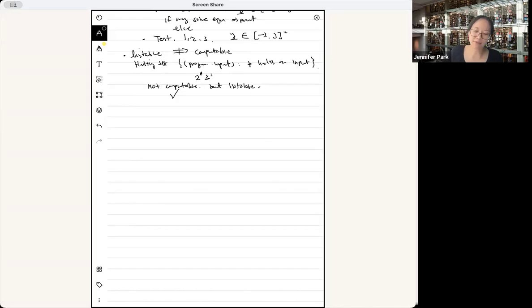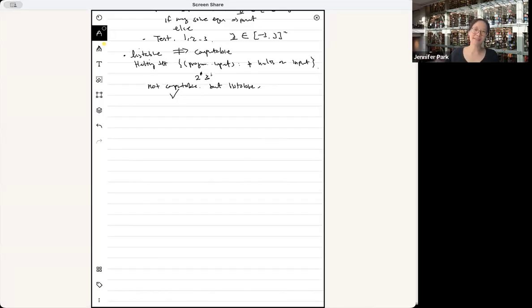And it's going to be listable because a program is finite. I'm going to do something very similar to what I did with the Diophantine sets. I'm going to take an input, say 1, and run it in the program for a set number of steps. Remember that a computer just moves around the state.